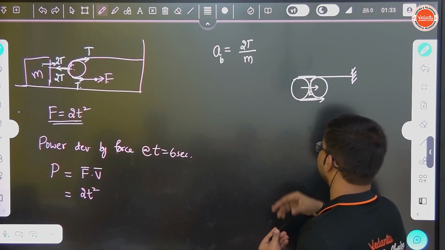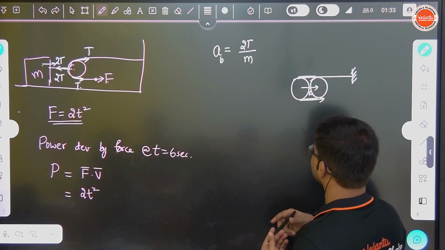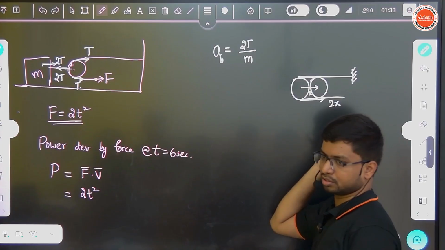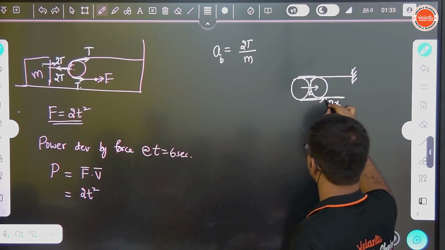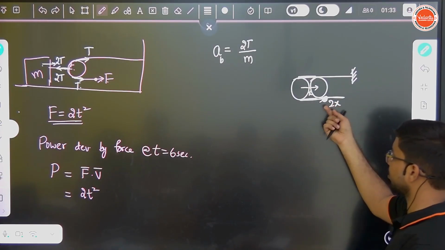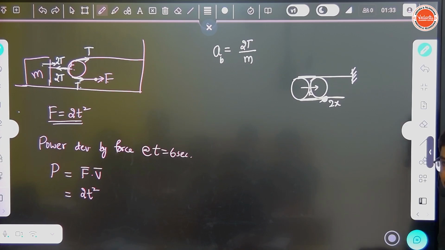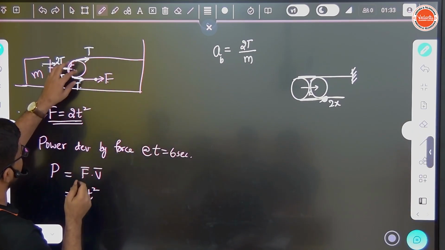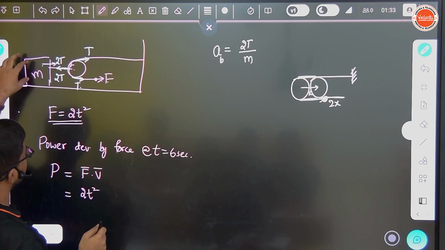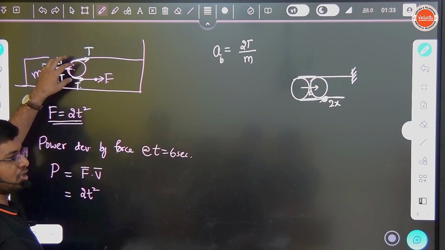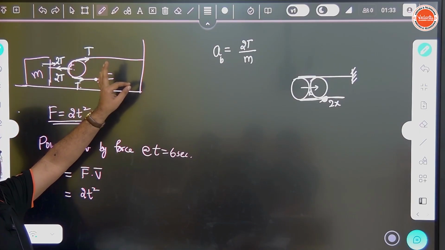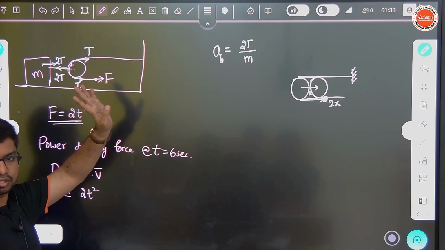And where should that 2x length go? The 2x length should appear over here, which means this point over here is going to move by 2x, right? Which means if the mass moves with an acceleration of a, then this point is going to move with an acceleration of 2a. Understood now?